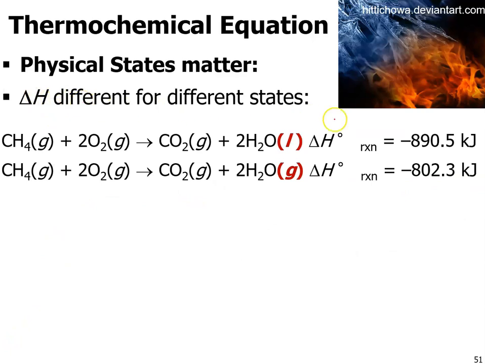Delta H values under different states, if we have a liquid versus a gas. So we have methane and oxygen react to form carbon dioxide and water. These are both the same besides the state, the liquid versus the gas. And what's happening if we have liquid water versus gas water?